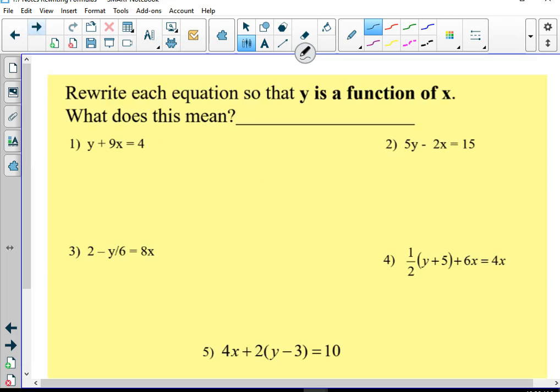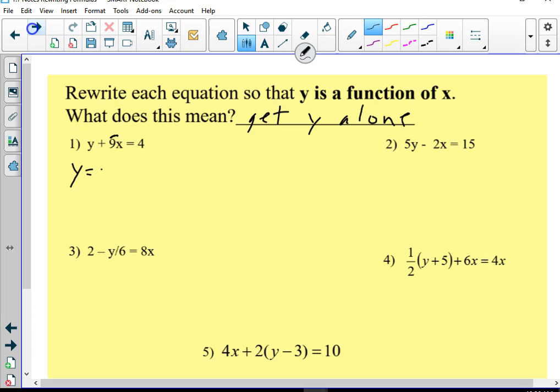Okay, rewrite each one so that y is a function of x. What does this mean? If y alone. What do we do here to get y alone? Minus 9x, right?